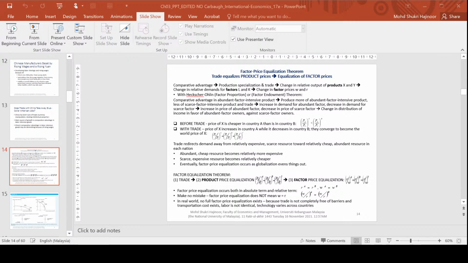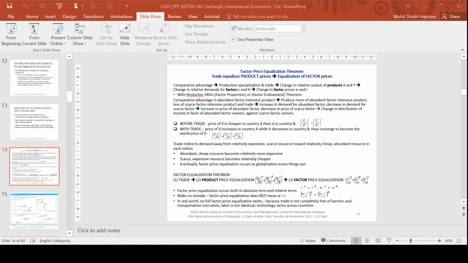Okay, when more of a capital intensive product is produced, you will increase both: more capital used, more labor used, but which one will you be using more of? Capital. It increases at a higher rate compared with labor, because this product is capital intensive. Now assume this product is labor intensive, textile. Labor intensive.